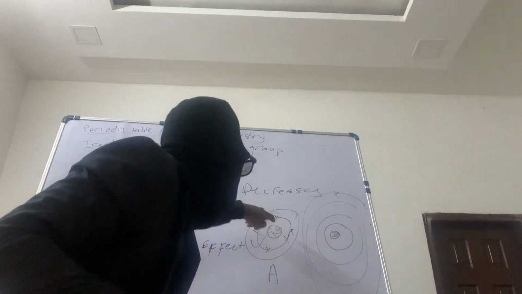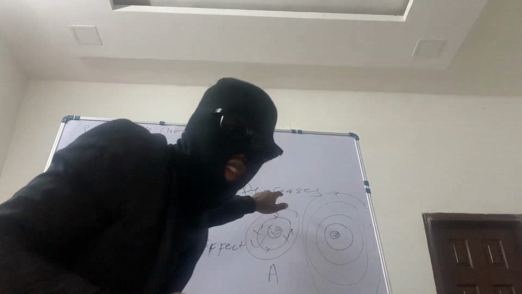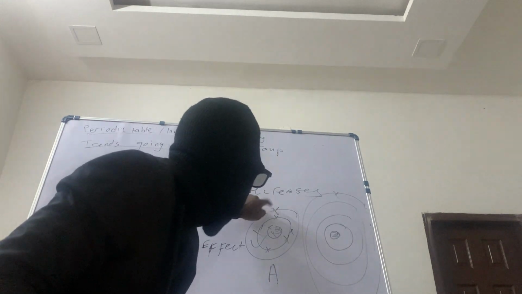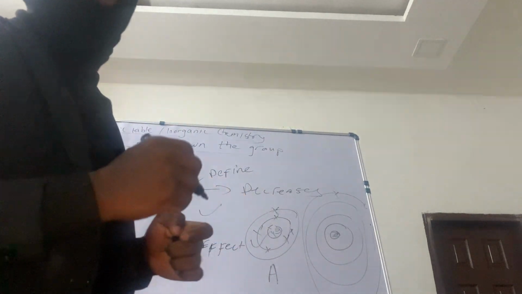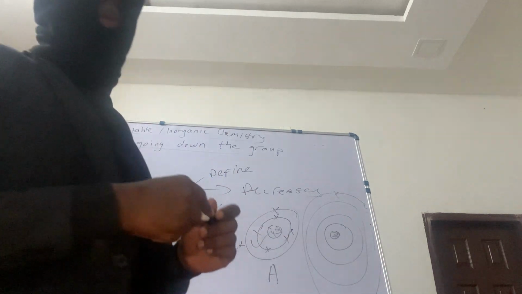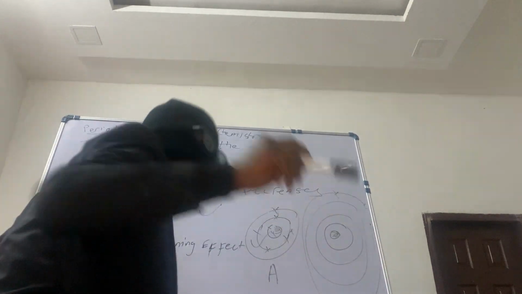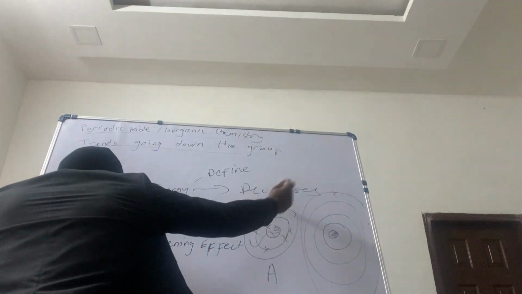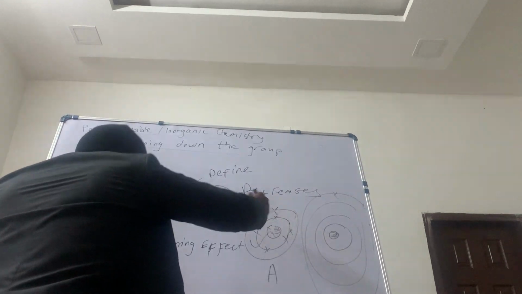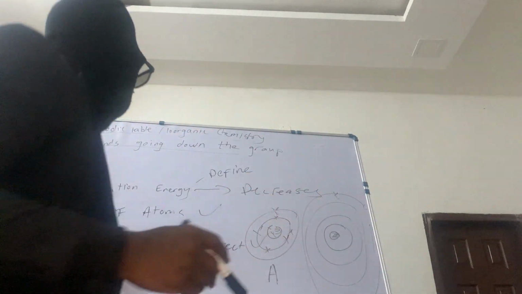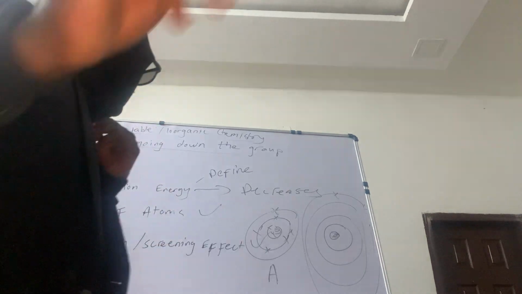These inner shell electrons are exerting a force on the valence shell. This is the one that is referred to as the valence. When we say valence, we are simply saying outer shell electrons. So the repulsive force which the inner electrons exert on this electron is what is known as the shielding or screening effect.